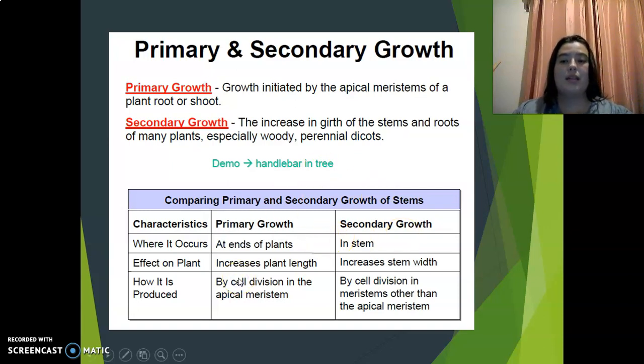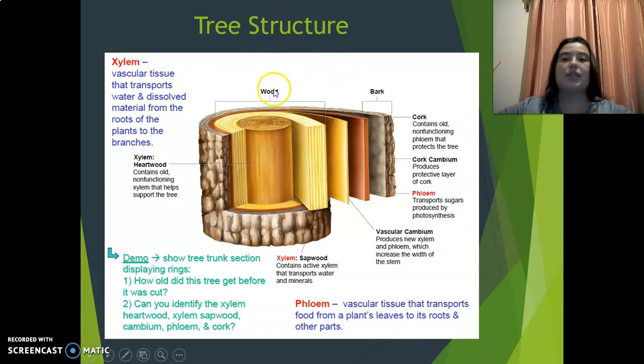And continue. We have tree structure. The tree structure has xylem and phloem. The xylem is vascular tissue that transports water and dissolved material from the roots of the plants to the branches. And phloem is vascular tissue that transports food from the plant's leaf to its roots and other parts. Okay, so this is the wood, as you can see. This is the hardwood of the tree and contains all non-functioning xylem that helps support the tree.